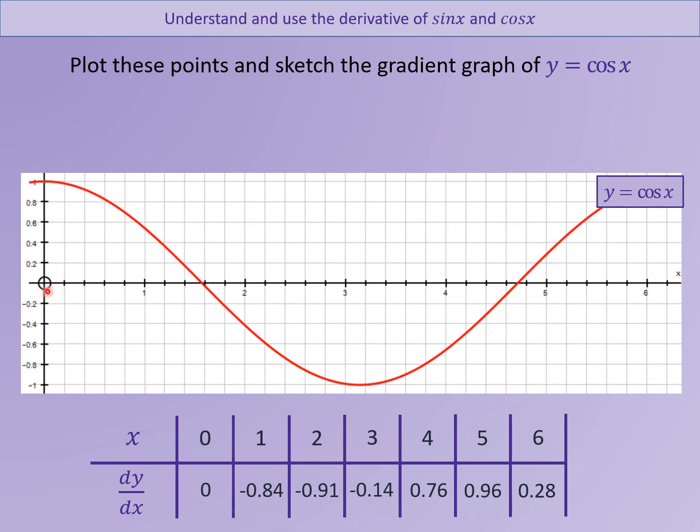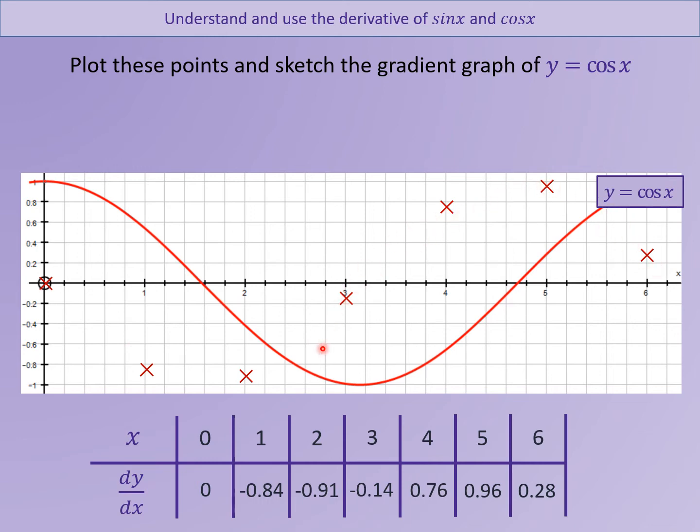At 0, it's minus 0, which is 0. At 1 it's minus 0.84, so that's about down here. And so on. 2 is about minus 0.91, then 0.14, 0.76, 0.96, and then 0.28. We can see we've got a graph that's going to come down like this, around up there, and then back down again.